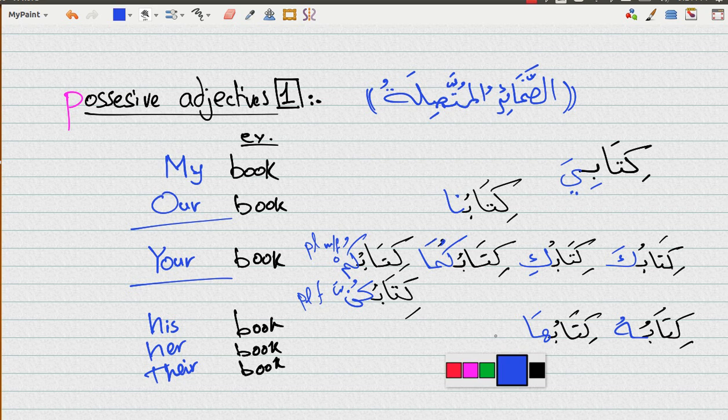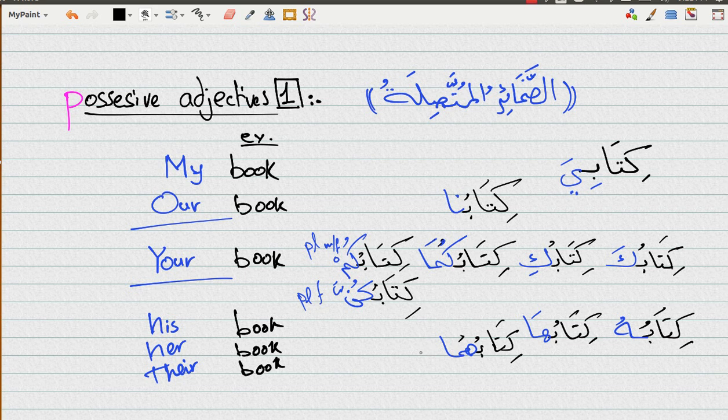If I'm going to say their book, and I'm talking about two people, I say kitabuhuma. Notice I'm starting with ha in all of these suffixes, all of these attached pronouns.